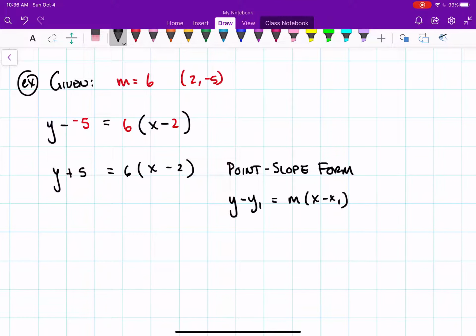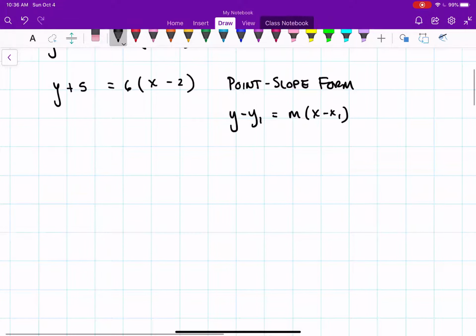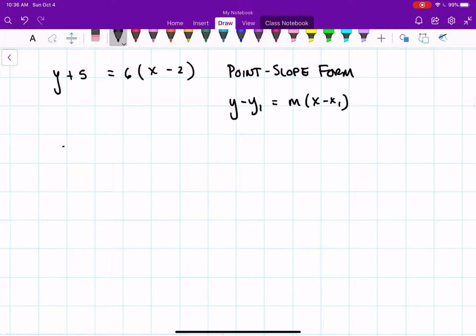You're going to see problems that ask you for the point slope form. However, we tend to finish this and we get y plus 5 is equal to 6x minus 12, and then we get y equals 6x minus 17.